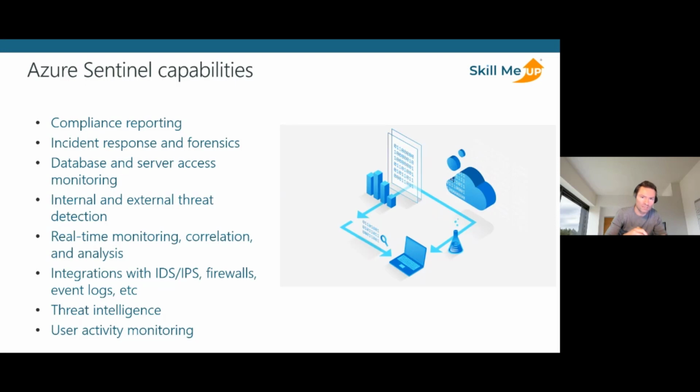And with cognitive services and AI engine built into Sentinel, it will use alongside with Microsoft Cyber Threat Intelligence database. So in the back, it will be also using that one. And then this way, it can provide you with real-time monitoring and analysis along with incident responses and even forensic capabilities. Next slide, please, Dwayne.